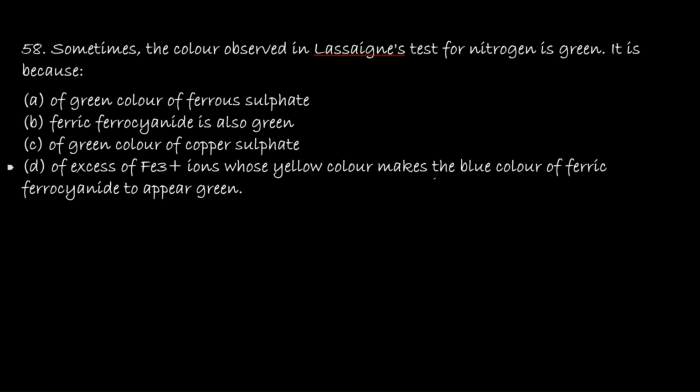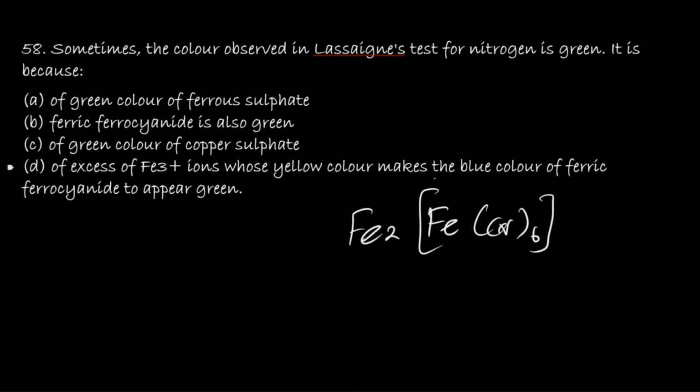Sometimes the color observed in Lassaigne's test for nitrogen is green. It is because of the green color of ferrous sulfate, ferric ferrocyanide is also green, the green color of copper sulfate, or excess of Fe3 plus ions whose yellow color makes the blue color of ferric ferrocyanide appear green. In Lassaigne's test, CN minus ions react with Fe2 plus to form Fe4[Fe(CN)6]3, which is Prussian blue.